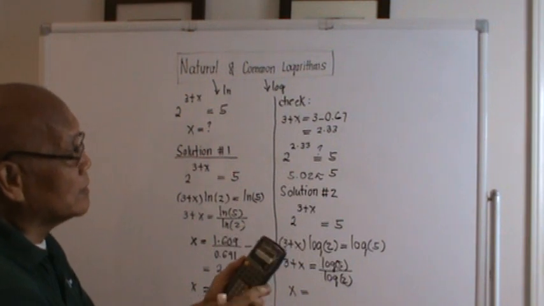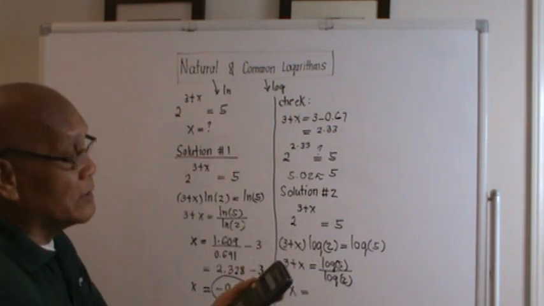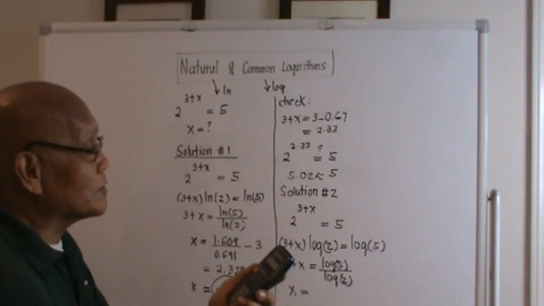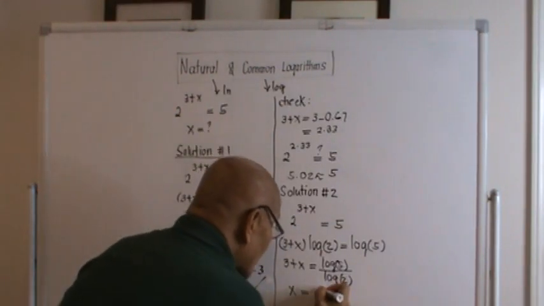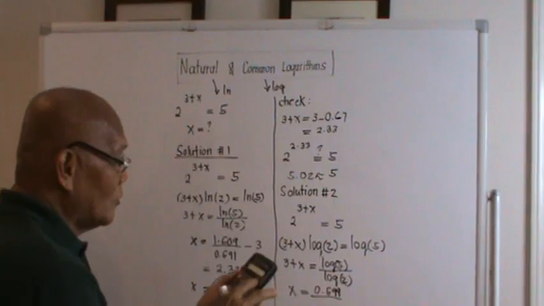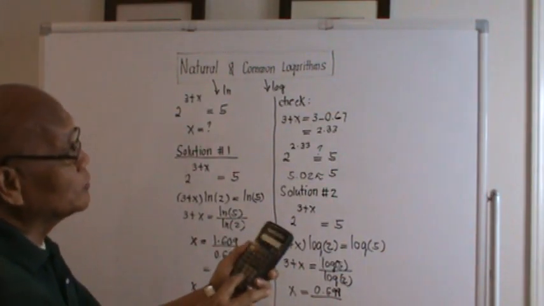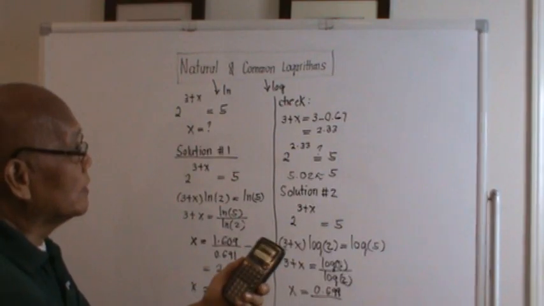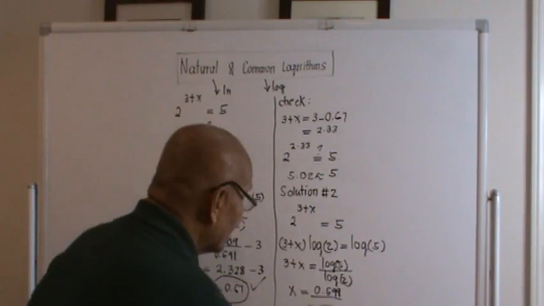The common logarithm of 5 is actually 0.699. And the common logarithm of 2, we just display 2 here, then press the common logarithm. And that will be 0.301.